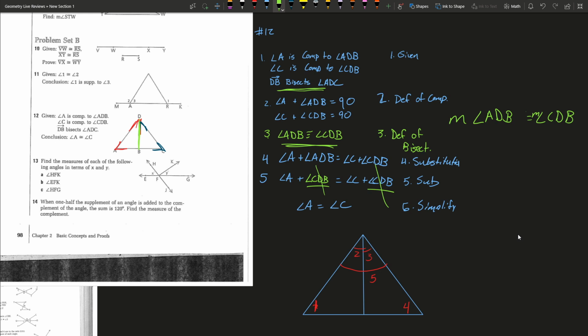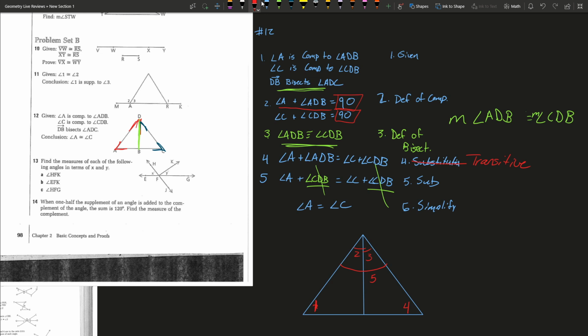Why is step 4 substitution? Because we know... I see. Because of step 2. So we know that A plus ADB is 90. We also know that C plus CDB is 90. So it's really not substitution, it's more like transitive property. But transitive property is really just a special kind of substitution. So we set A plus ADB equal to 90, C plus CDB equal to 90.